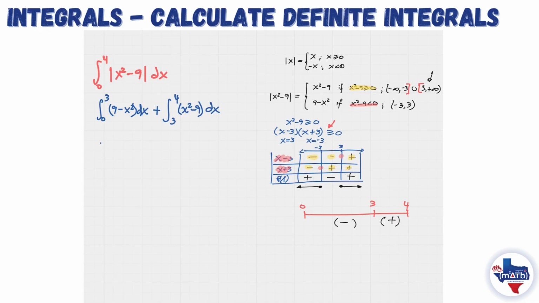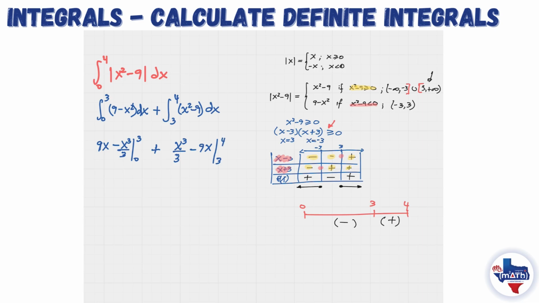For the first one, we'll have 9x minus x cubed over 3, and this will be evaluated from 0 to 3, plus this will be x cubed over 3 minus 9x, and this one is evaluated from 3 to 4.